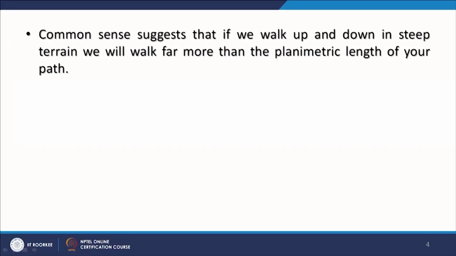That means there will be a difference between planimetric area and surface area. As we know from day to day life, if we walk up and down a steep terrain, we will walk far more than the planimetric length of the path.